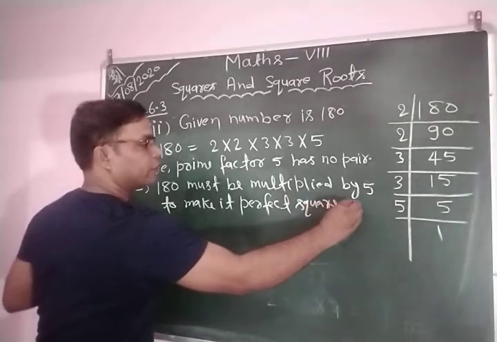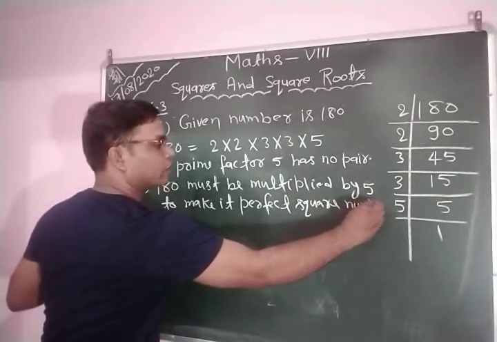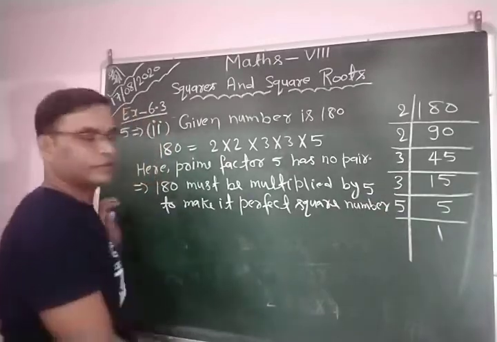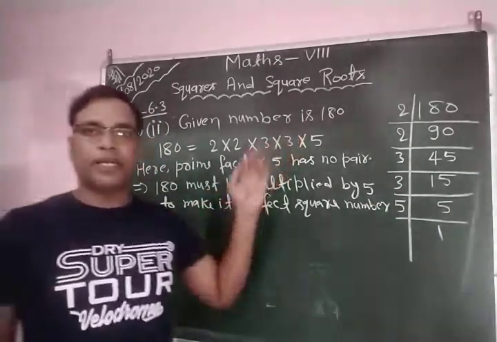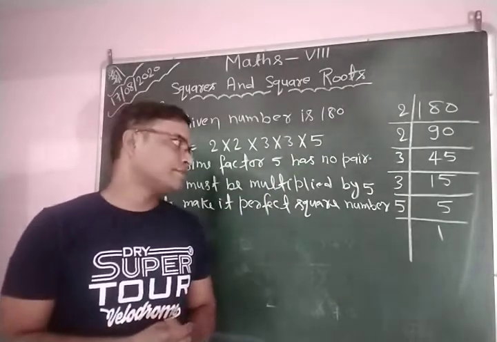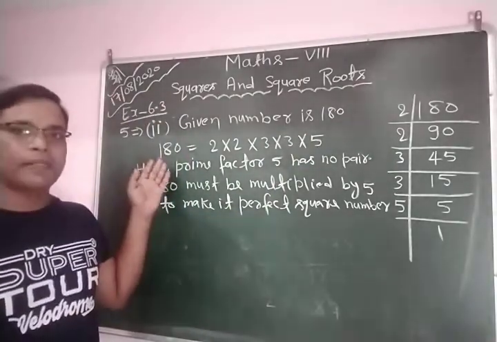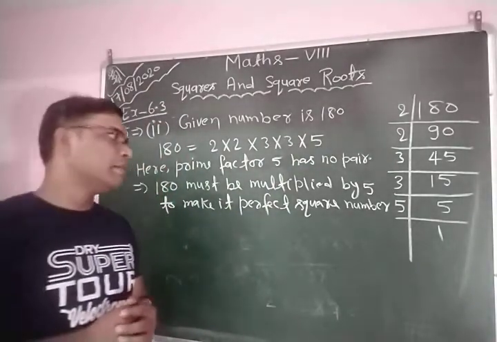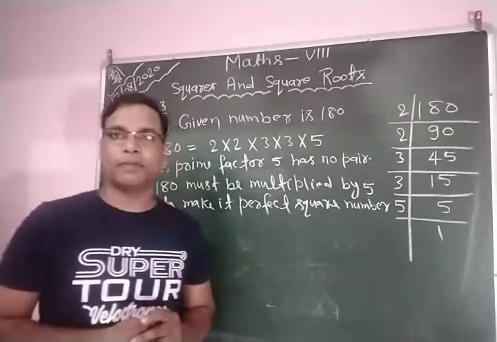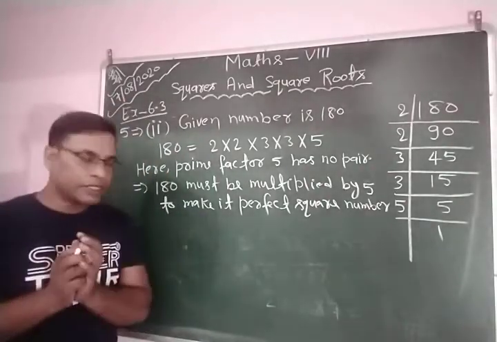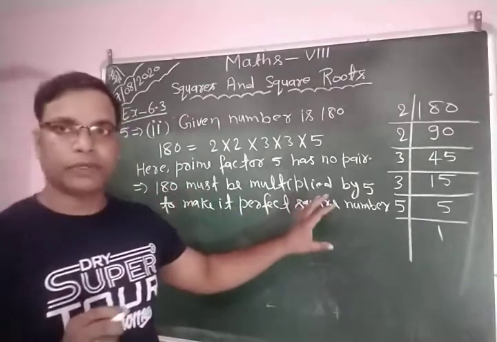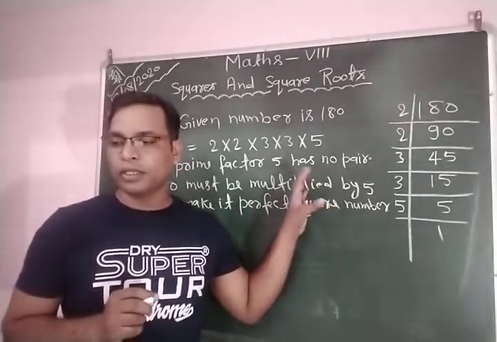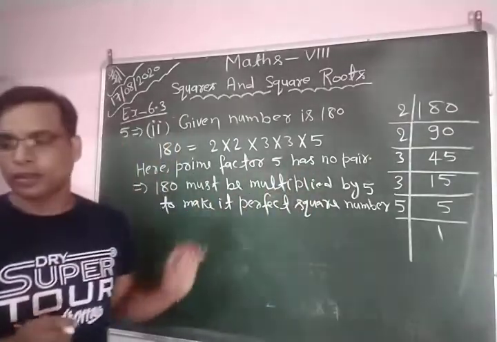Here you can see 5 has no pair, so 180 must be multiplied by 5 to make it a perfect square. So what is the smallest number here? The smallest number is 5.